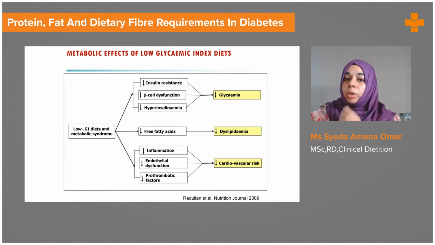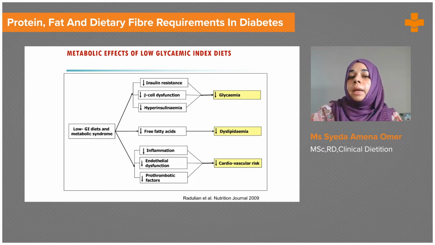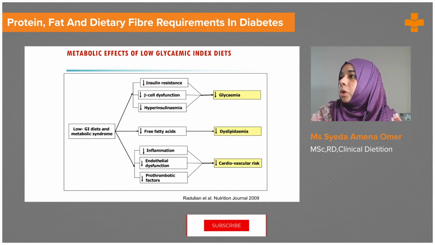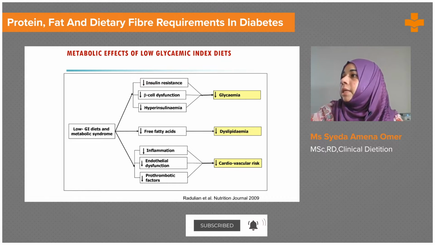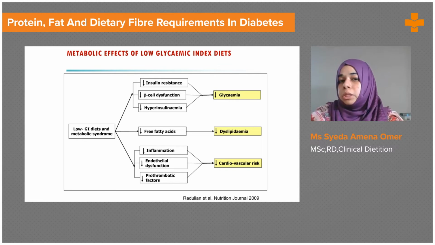So how does a low glycemic index diet impact metabolic syndrome? Metabolic syndrome is nothing but impaired glucose tolerance, where the sensitivity to insulin is decreased, like in PCOS. The insulin resistance goes down with the low glycemic index diet, the foods which we have seen.